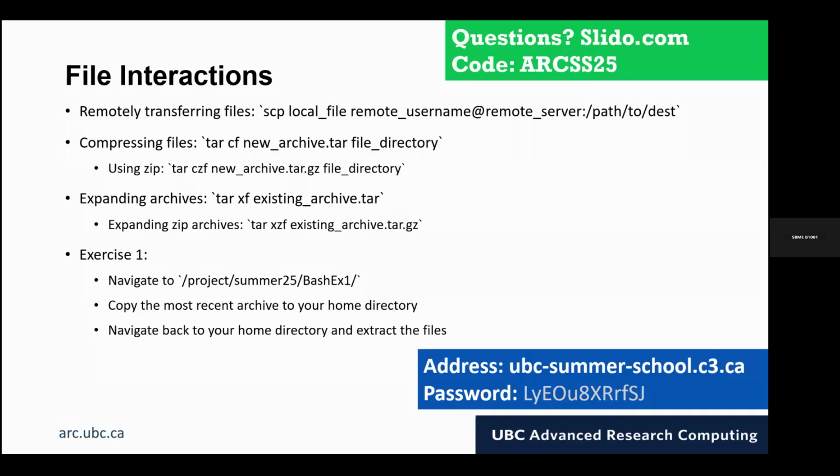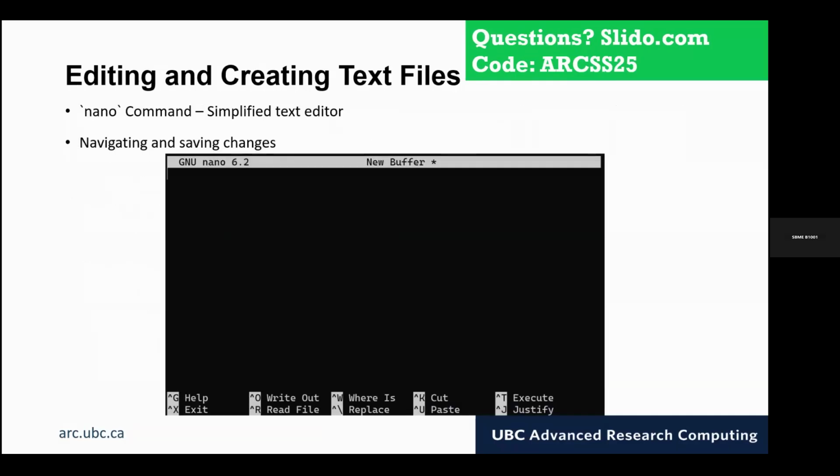So now that we've done our first exercise on working through files, maybe I want to actually go in and edit a file. In this case, I have some text files that I just copied and were in that archive. Let's use nano to make some edits or view that file.